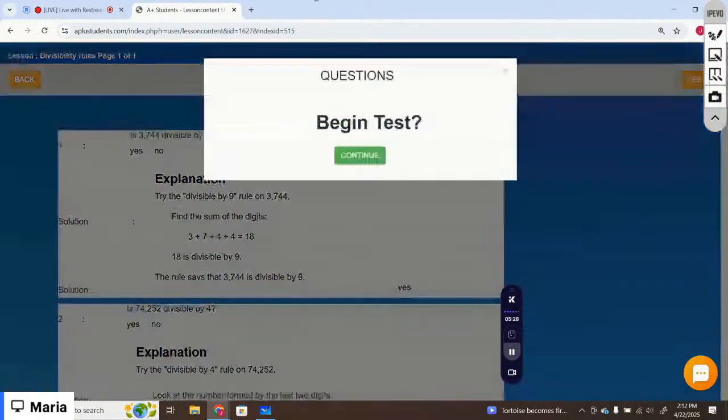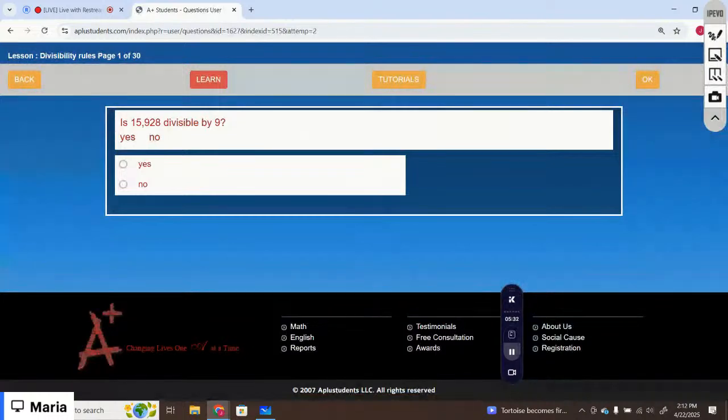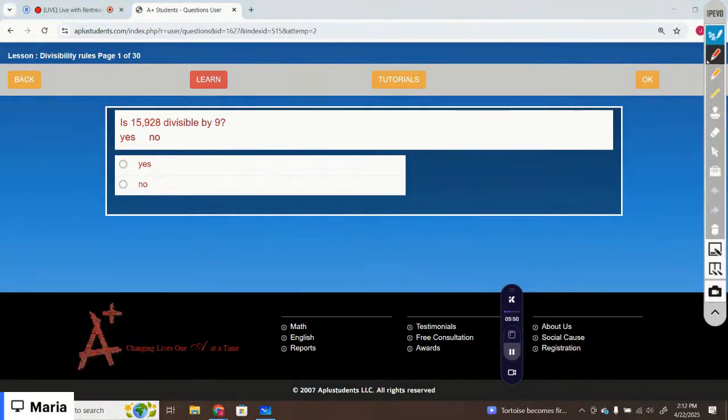Okay, let's just start with the test questions. Is 15,928 divisible by 9? We just learned the divisibility rule for 9: the sum of all the digits must be divisible by 9.